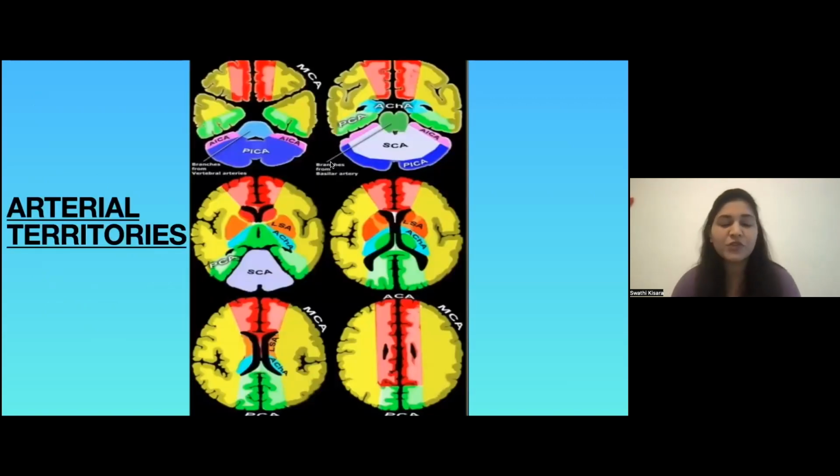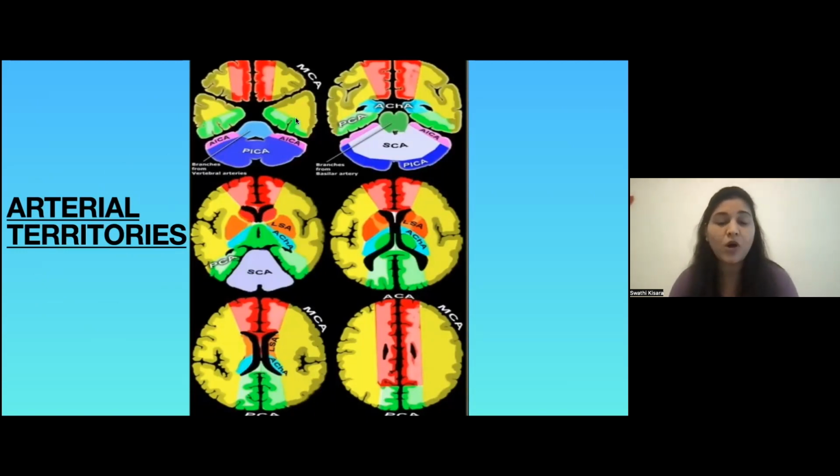A brief background regarding the arterial territories, so that we can understand the imaging in stroke better. The parts in red are the ACA territory, ACA meaning the anterior cerebral artery. The anterior cerebral artery supplies the medialmost portions of the frontal lobes, and its branches also supply the medial parts of the basal ganglia and the anterior two-thirds of the cerebral cortex.